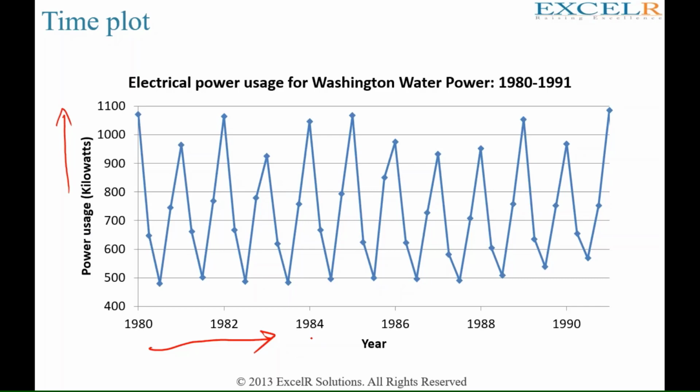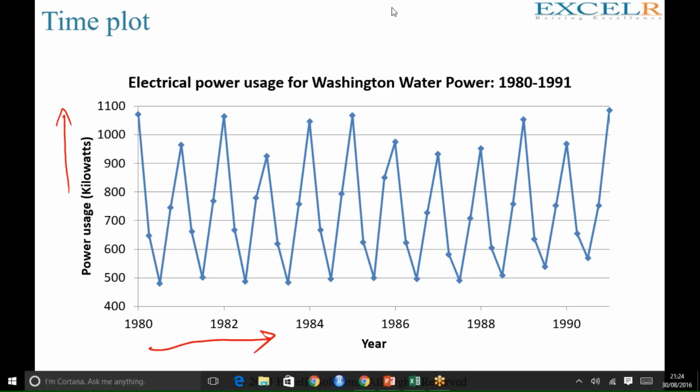Say we have plotted electrical power usage for Washington Water Power from 1980 to 91. Look at this data and let me know whether we are going to have level or not in the data. Do we have level? Yes. By default, any data will have level, so you need not even think twice before answering that.